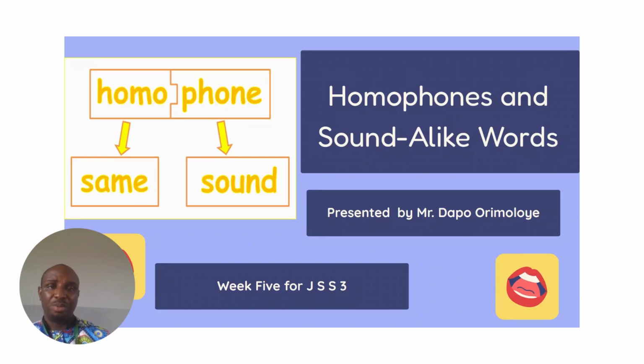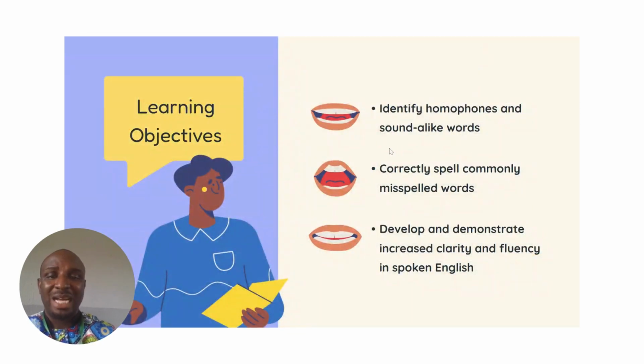By the end of this topic, these following objectives must have been achieved by us. Number one, we should be able to identify homophones as words that sound alike.